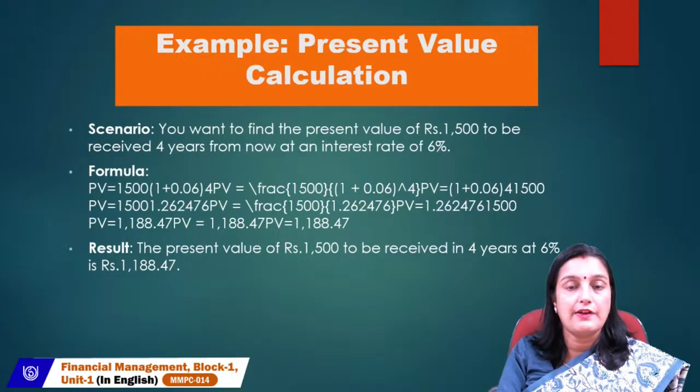On the basis of the calculation, the result is 1188 rupees. So 1500 rupees you are going to receive after 4 years, then the present value of that 1500 rupees is 1188 rupees. This is how you can calculate the present value of an investment.